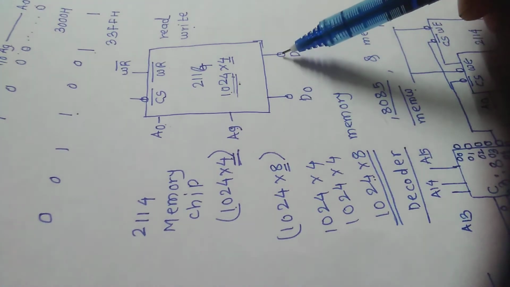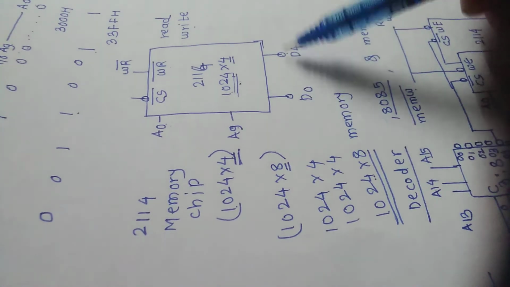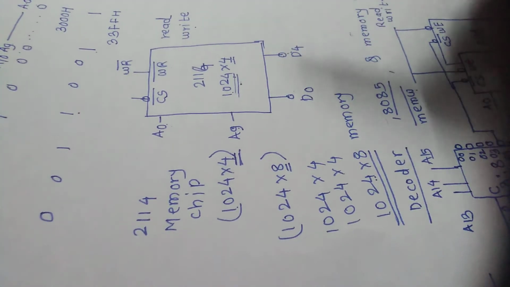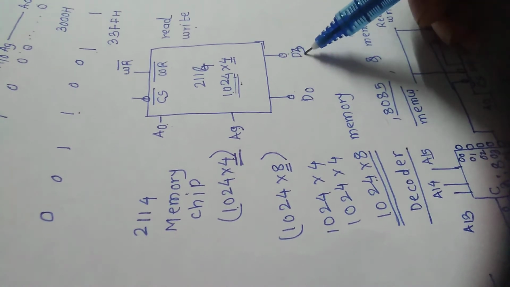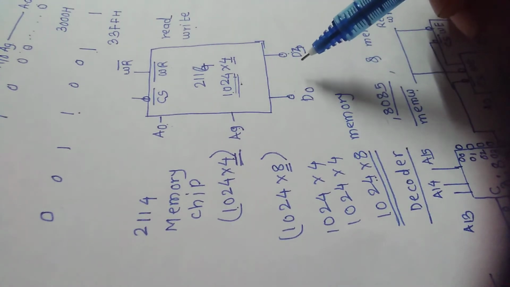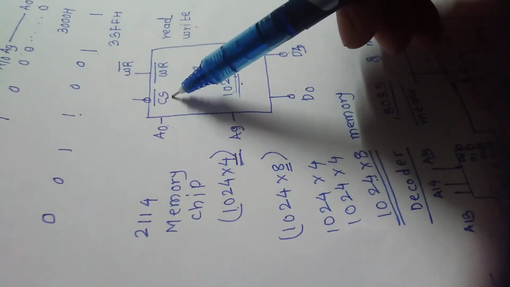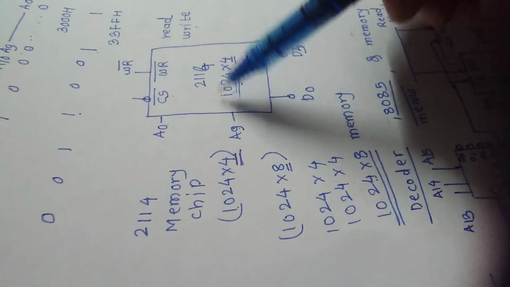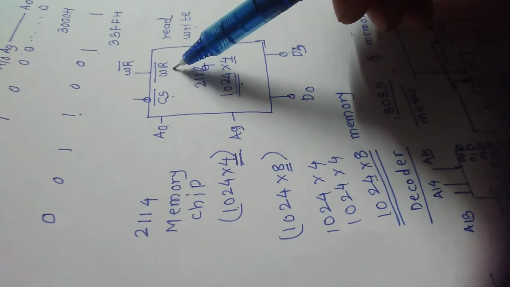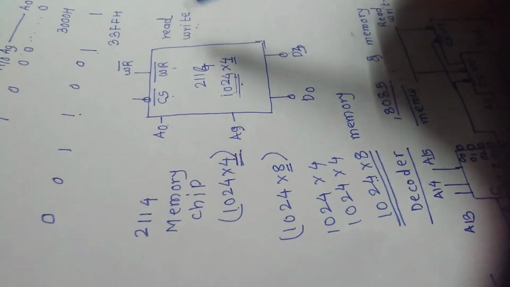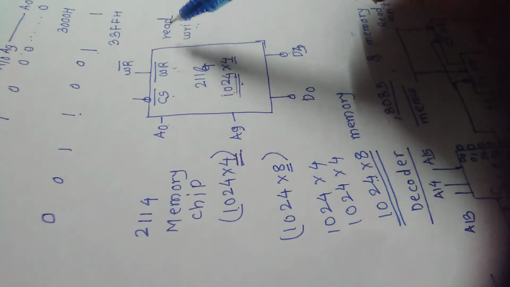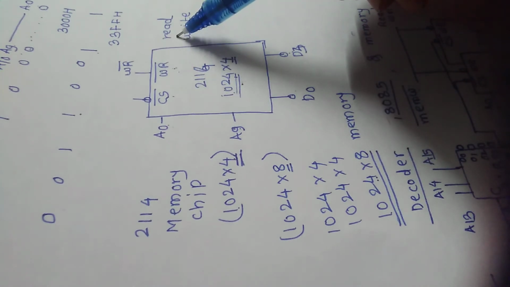To transfer data from or to, 4 data lines are available, D0 to D3. Apart from this, 2 signals: chip select to select this chip, and the write bar signal. When this signal is active low, I can write into the memory, and when this signal is high, I can read from this memory.